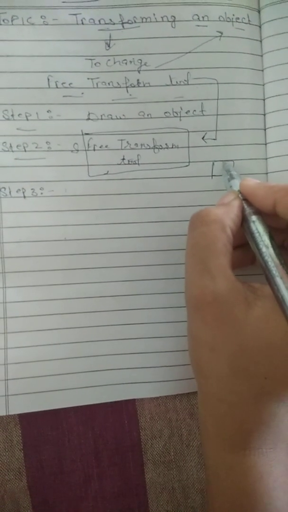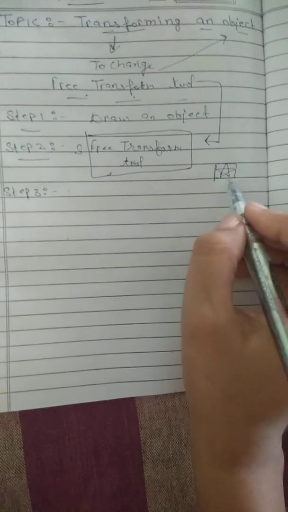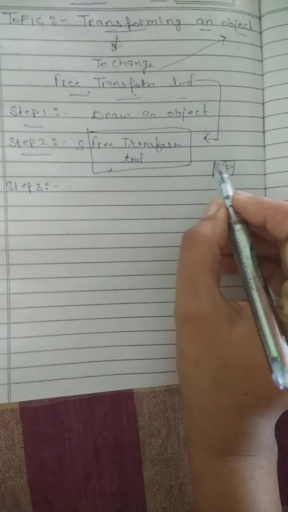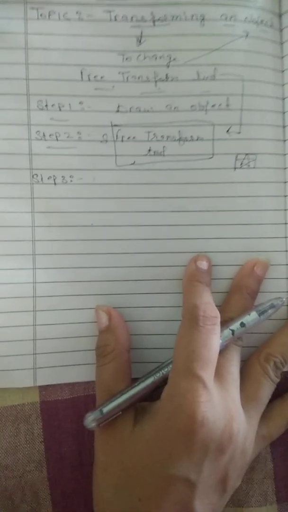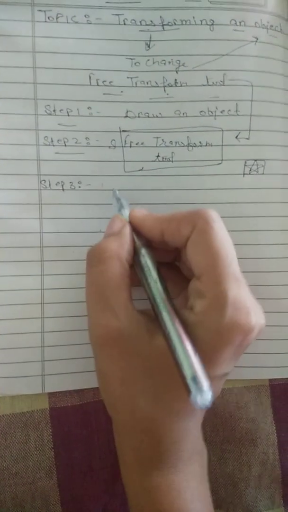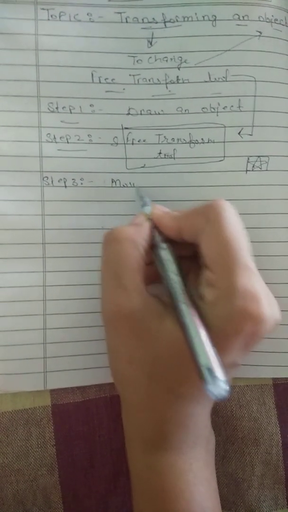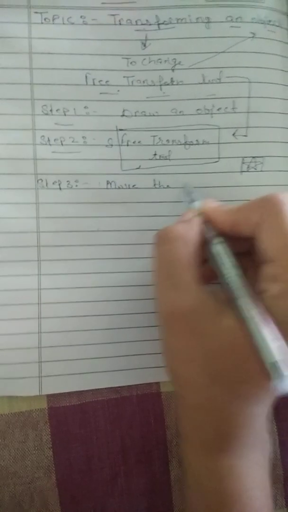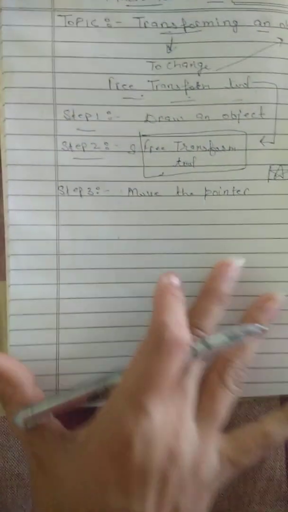Okay, like here is our object, and when you select the free transform tool, then a rectangular line appears all around the object. Then move the mouse pointer over the selection. Then it can change following transformation functions.